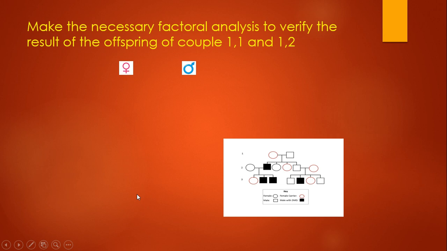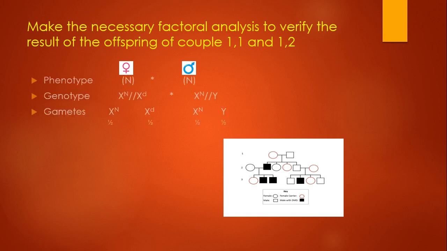Make the necessary factorial analysis to verify the result of the offspring of the couple 1, 1 and 1, 2. So we're supposed to make the factorial analysis. We shall start by putting the phenotype. As you can see, the phenotype of both parents is clearly normal. This is why we write normal. And the genotype for both parents, we are very sure of the genotype of the parents because they appear to be normal.